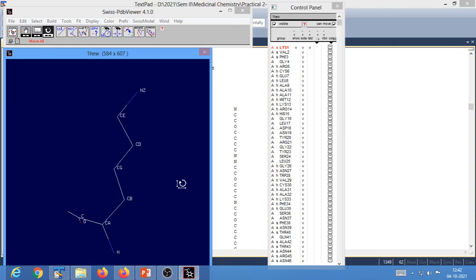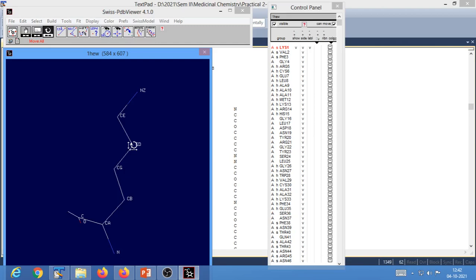So this is the reason, my friends, that if the protein model is solved using X-ray crystallography, the electron densities of hydrogen cannot be resolved, and hence the positions of hydrogen atoms around the heavy atoms are not usually detected. So you would have to assume that there are two hydrogen atoms present around this C beta carbon atom, two hydrogen atoms around this C gamma carbon atom, and so on and so forth.